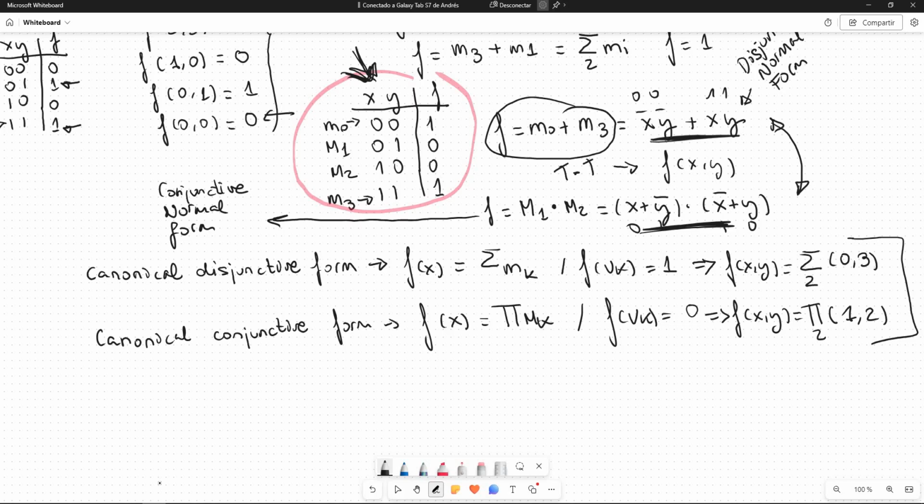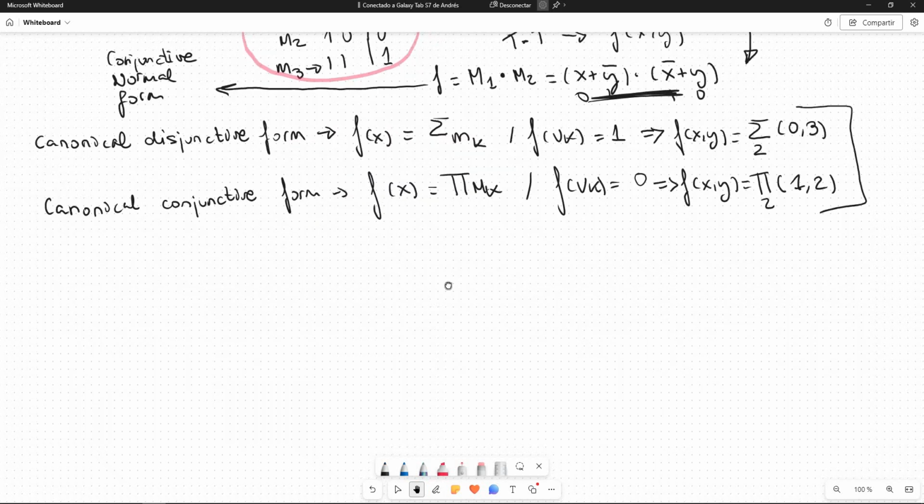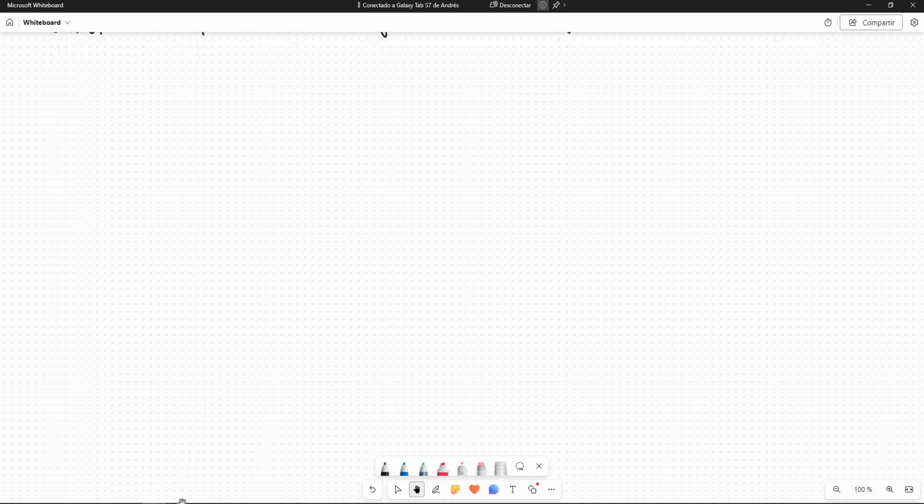We are going to do more examples of this, but you have to identify these forms because you can be asked to calculate the canonical disjunctive or conjunctive form of a function in the exam or in an exercise. So we are going to continue. So we continue with the slides.